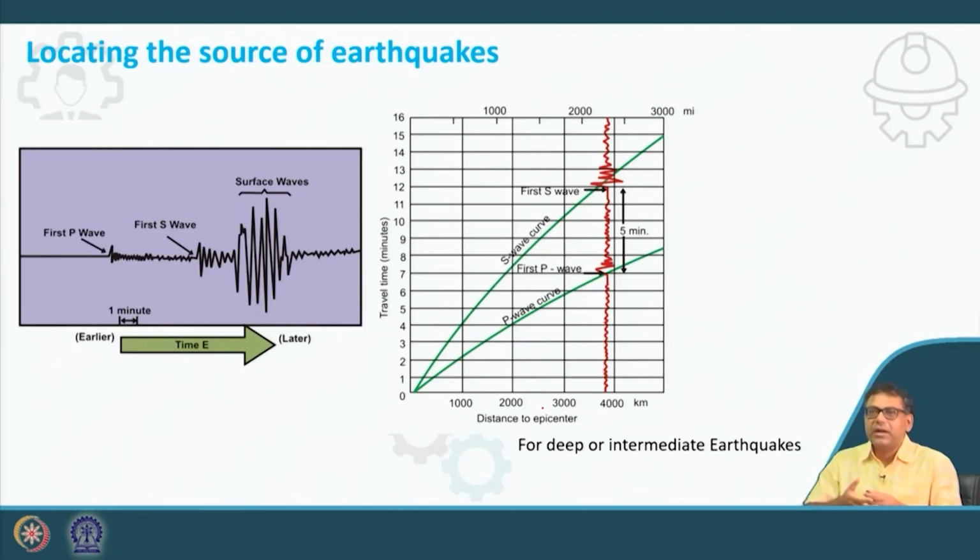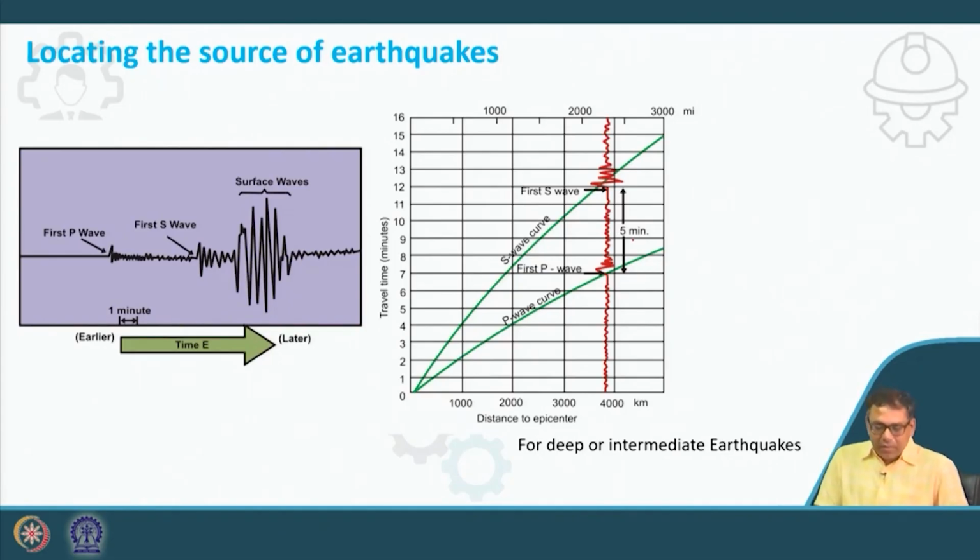You can see for 1000 kilometers this difference is around 2 minutes, but for 4000 kilometers this difference is around 6 minutes.